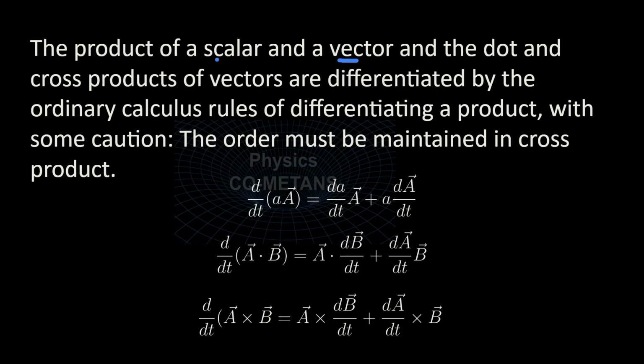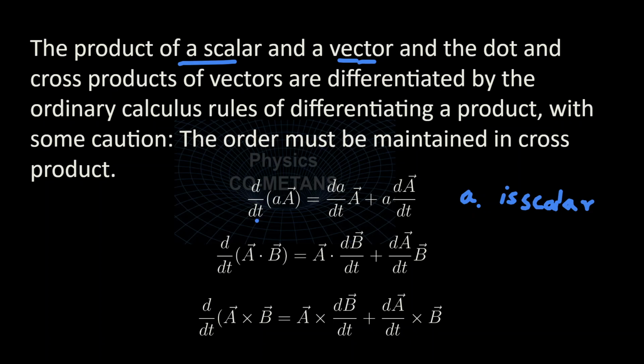First, we will talk about the product of a scalar and a vector. Here we have a scalar quantity. The dot product and cross product can be differentiated by the ordinary rules of differentiation.